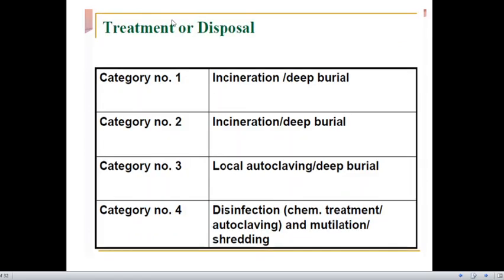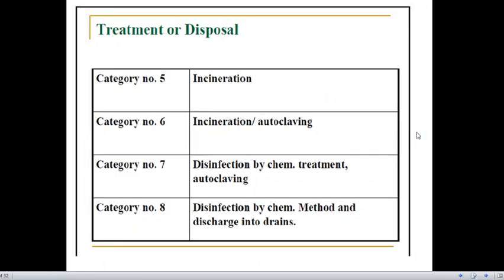So, treatment of disposal. For category 1, it is incineration or deep burial. For category 2, incineration or deep burial. Category 3, local autoclaving and deep burial. Category 4, disinfection by chemical treatment, autoclaving, and shredding also. Number 5, incineration.